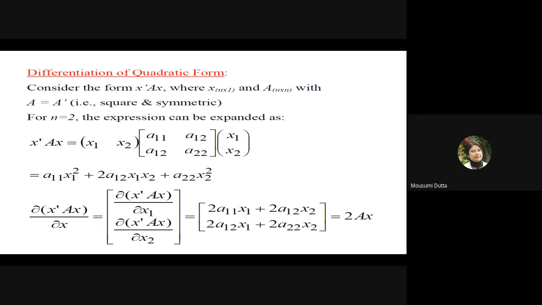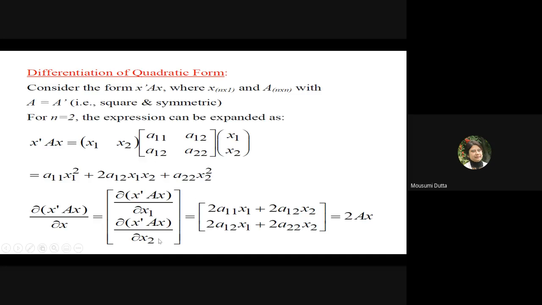So following the column vector x, I'm taking the derivative of x prime Ax. First, with respect to x1, from this equation we get 2a11 x1 plus 2a12 x2.